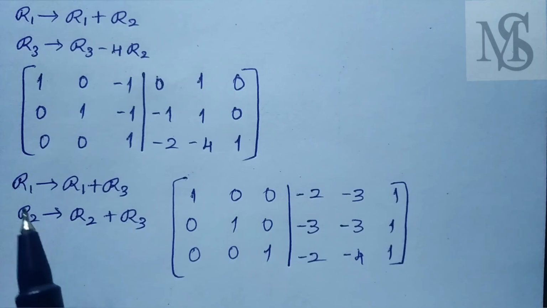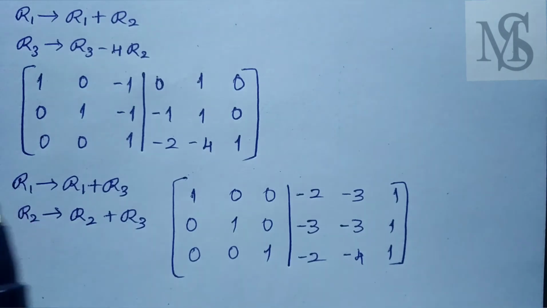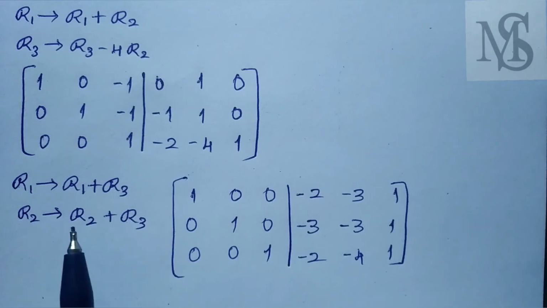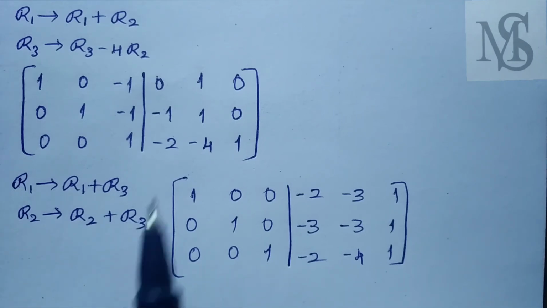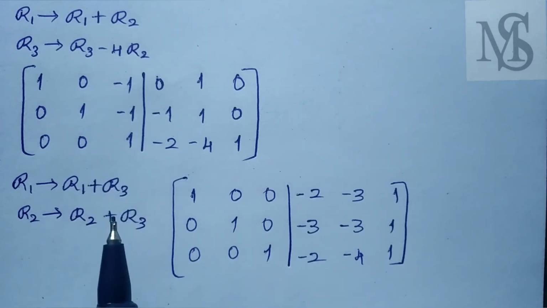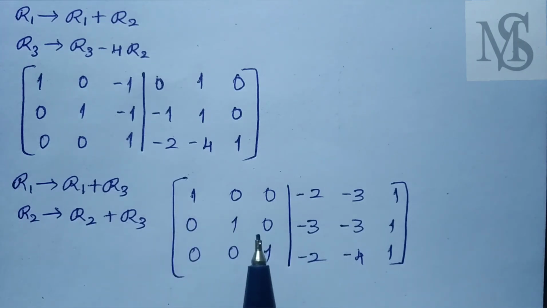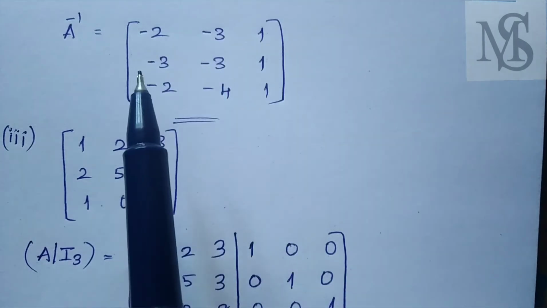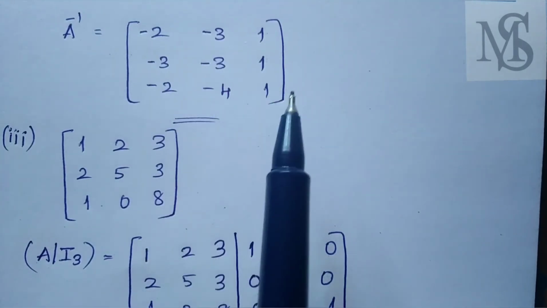So we are taking another 2 rules, that is R1 tends to R1 plus R3, and another rule is R2 tends to R2 plus R3. If we apply these rules, we get a matrix like this. You see the identity matrix has become. This is the A inverse. A inverse is equal to minus 2 minus 3 1, minus 3 minus 3 1, minus 2 minus 4 and 1.